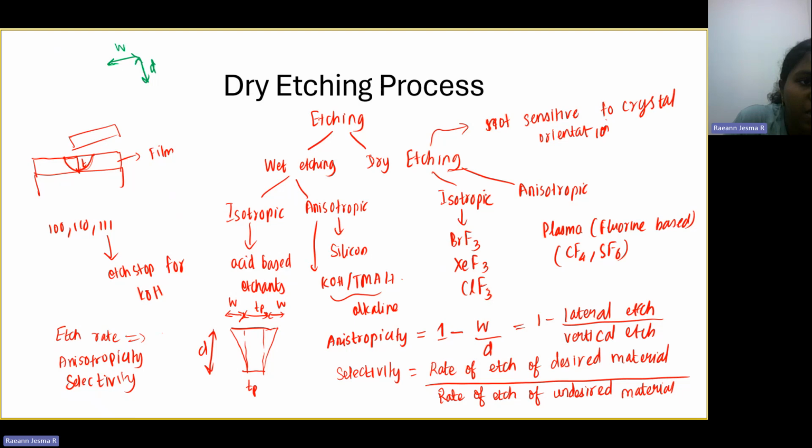If it is anisotropic, your vertical etch rate and your lateral etch rate will be different. So there can be two cases. One case where your vertical etch rate is very high, so vertically it will etch more and lateral etch rate is less. So you will have something like this.